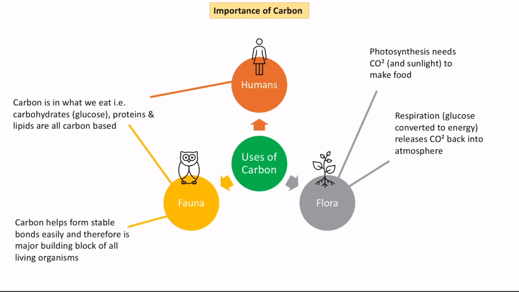Because carbon can form really stable bonds easily, it can basically create things very easily, and therefore it is the major block used for pretty much all living organisms on Earth, and so it's really, really key for pretty much all life. We often hear that phrase, carbon-based life forms. That shows you how important carbon is for pretty much all life on Earth.